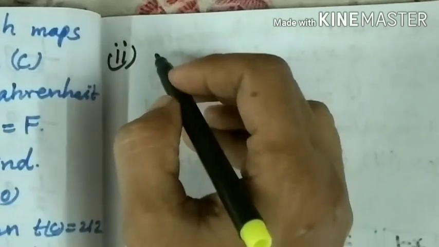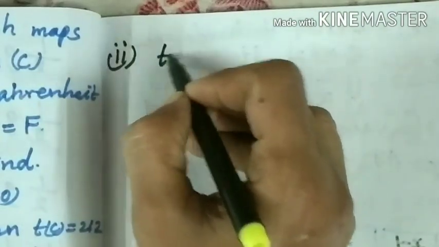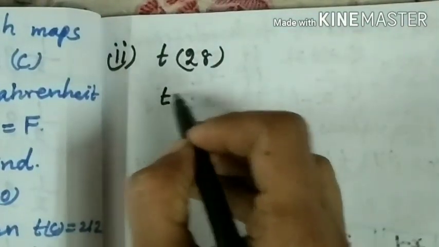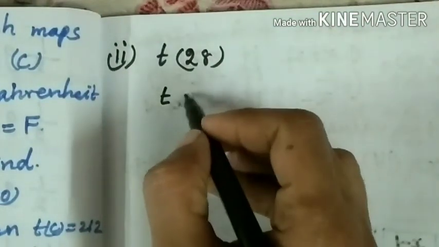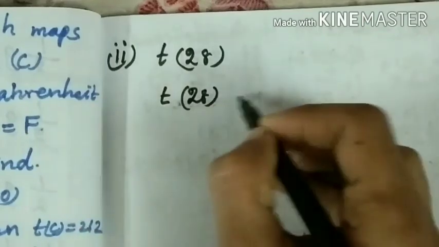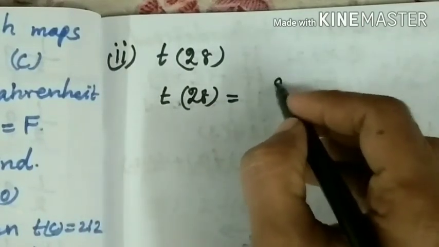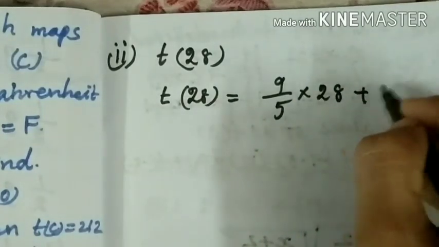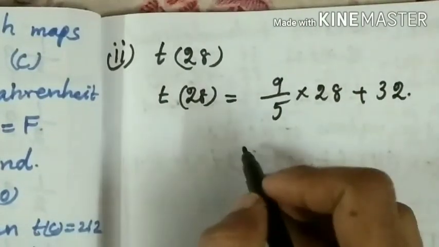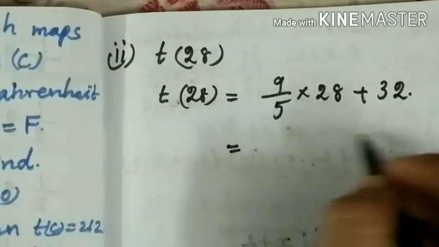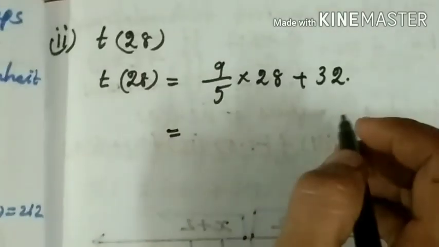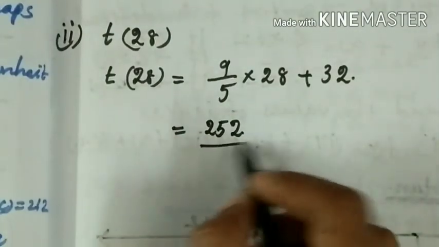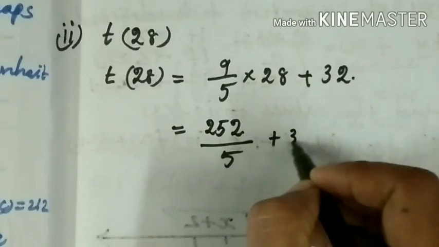Now, second subdivision, find the value of t of 28. Now, t of 28 equal to 9 by 5 into 28 plus 32. To simplify this, we get 252 by 5 plus 32.